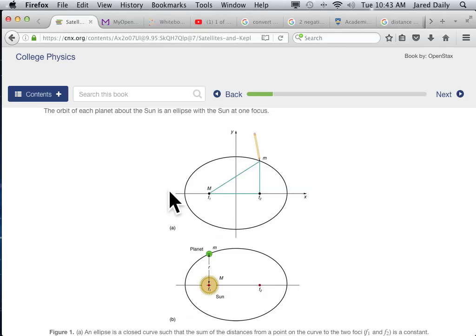An ellipse is a shape where the distance from two points to a single point on the edge is always the same. So this distance plus this distance is always the same length, and that's the definition of it. If it's a circle, then these two points are at the center, and it's always the same distance.